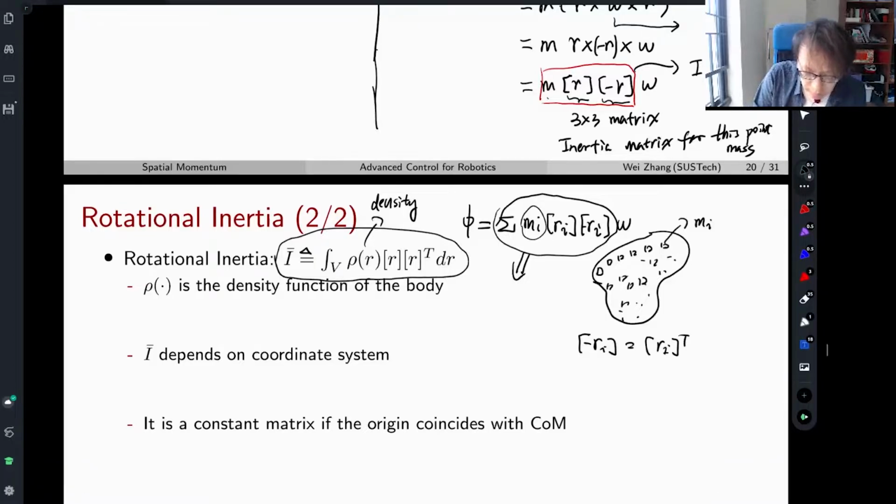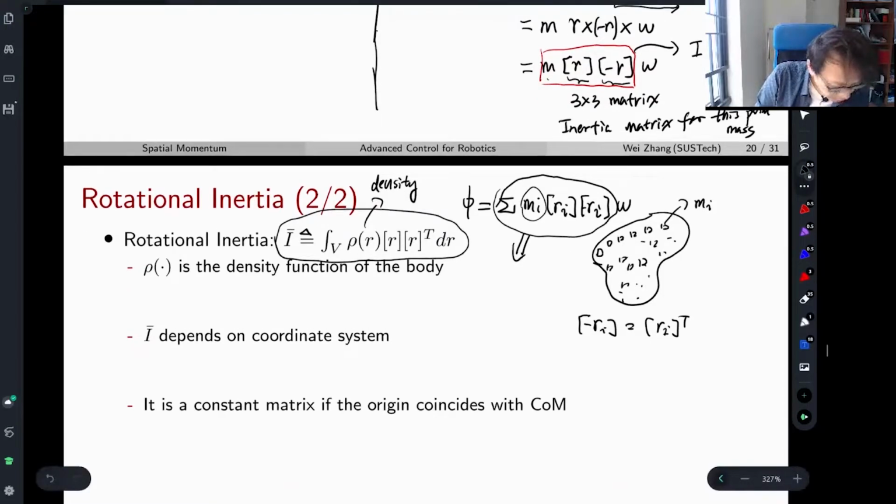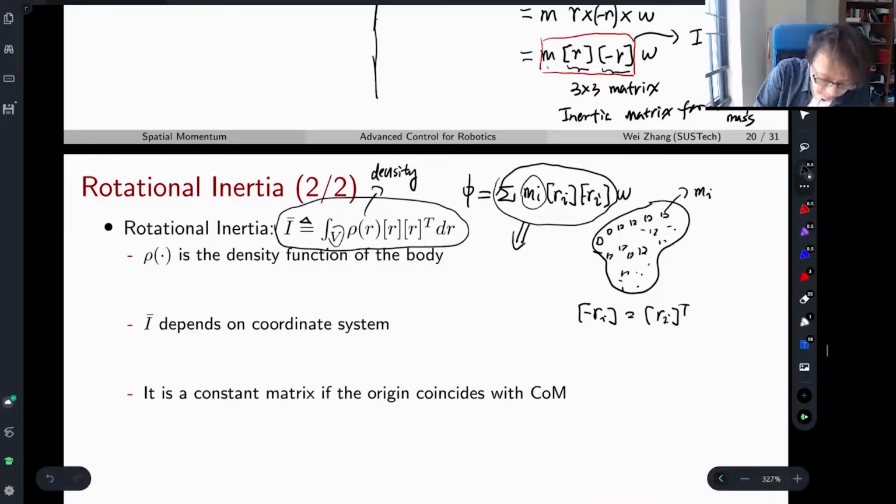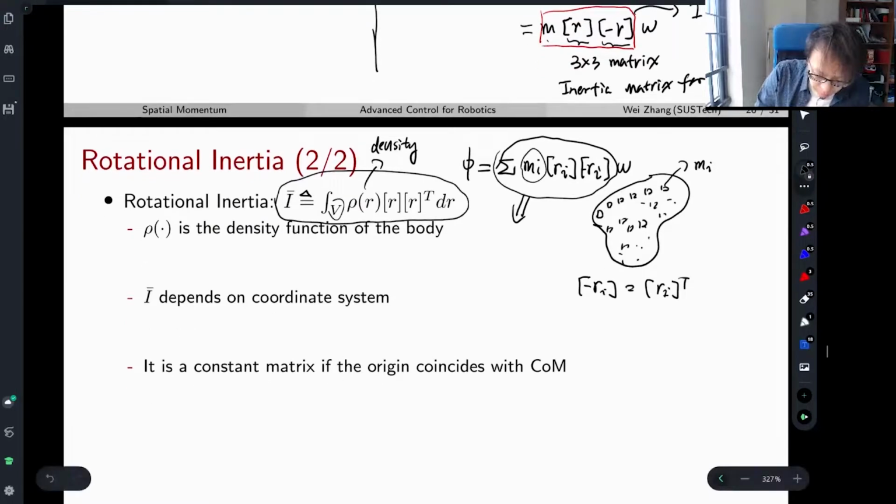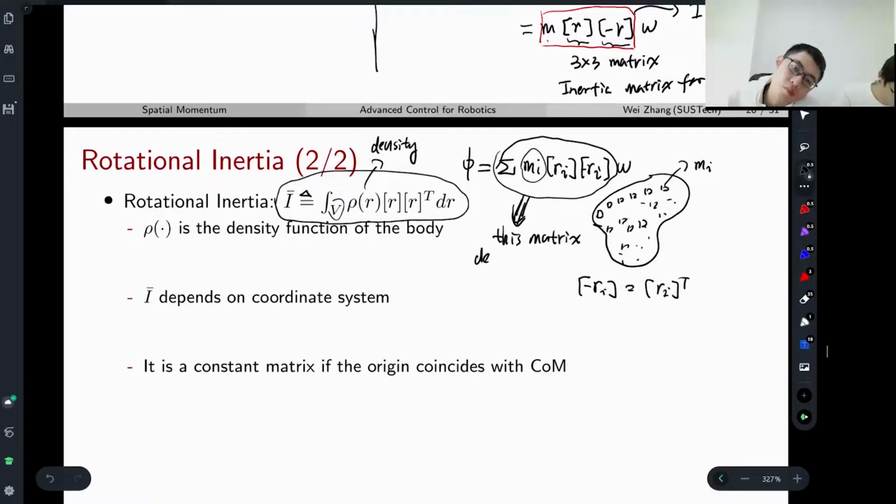And times dV is the volume, so it's a volume integration. I hope that's clean. If you don't like calculus, just think about the summation of individual point masses. That's fine. And the point is that this matrix depends on the coordinate system.